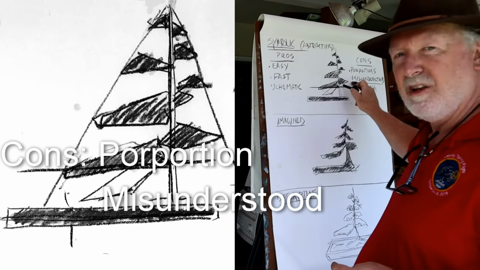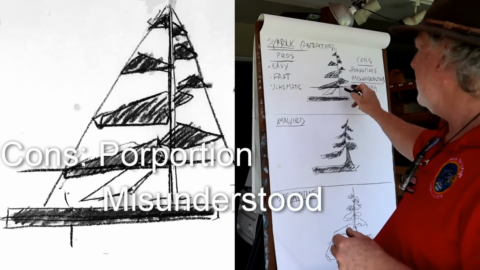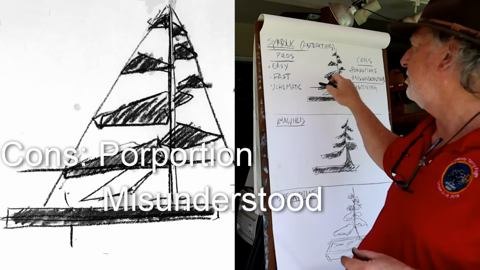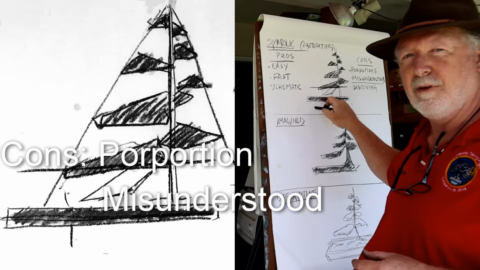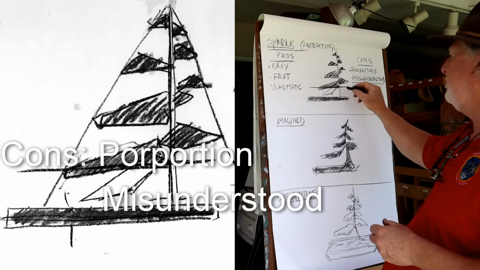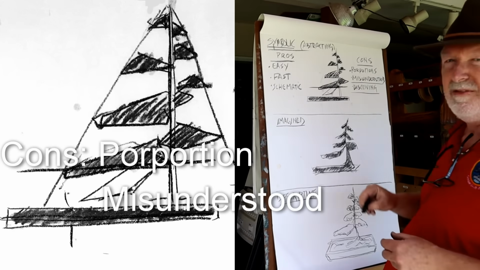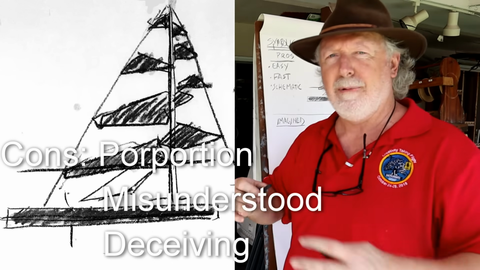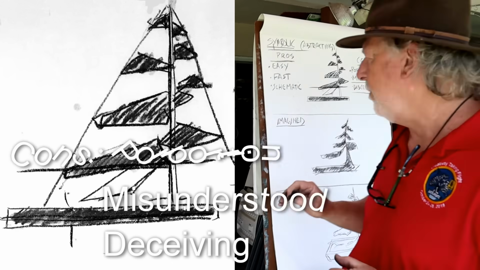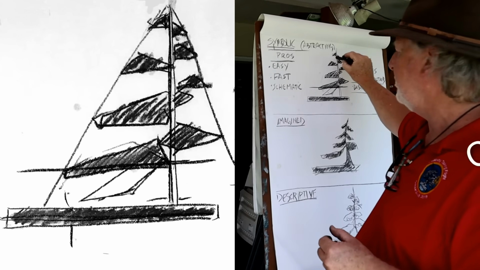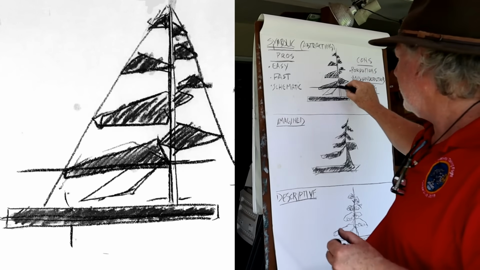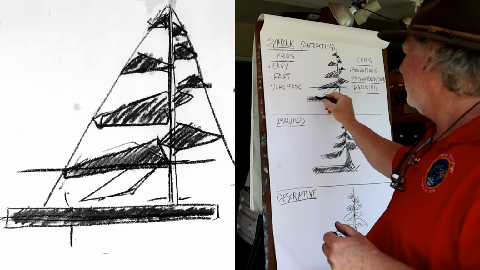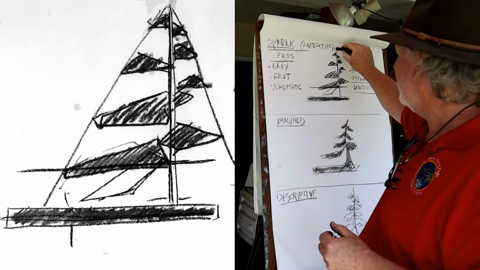But if you misunderstand your tree, then you're never going to be able to develop what you want as far as developing that tree using this symbolic way of creating the drawing. And so what happens is this kind of drawing can be very deceiving. It can deceive you in regards to your roadmap of how you want to develop that tree. So what we want to do is make sure that even if we're doing these symbols where it's just a straight line for a trunk, or it's just this box, the width of this box is accurate to the height of that tree.